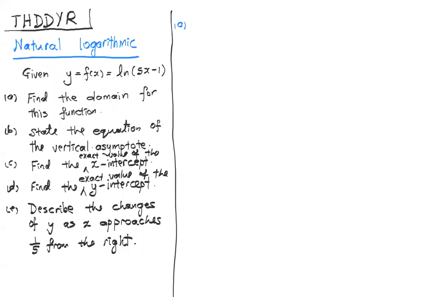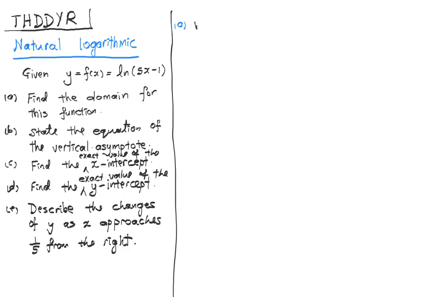This is something that we have to know. For exponential, we have to know that e to the power x is always greater than 0. So therefore, to find the domain for the ln function, we have to remember this, okay?